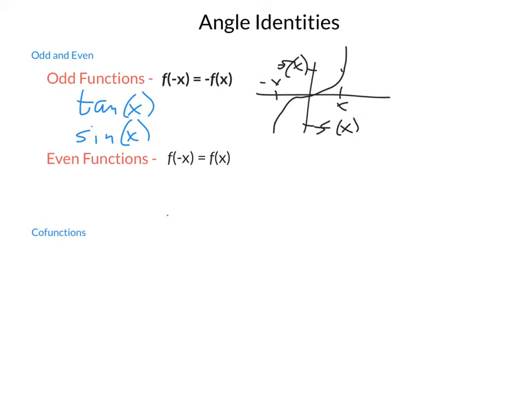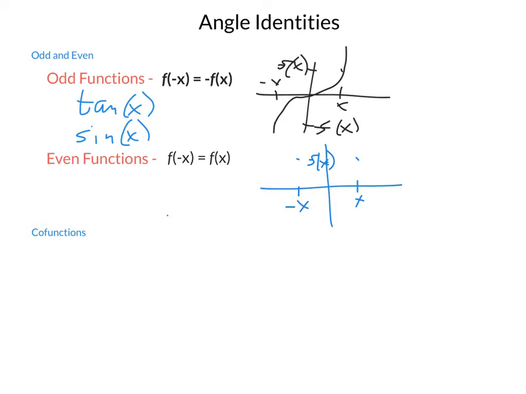Now for even functions, we would be looking at f of the opposite of x equals just f of x. So again, graphically, I have my axes set up, and if I put in a value for x and get out a particular f of x, if I put in the opposite value of x, I'm going to get out the exact same value for f of x.